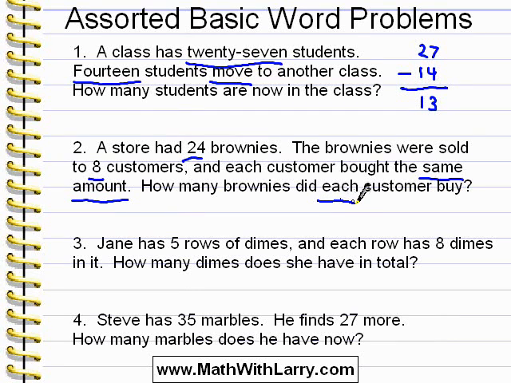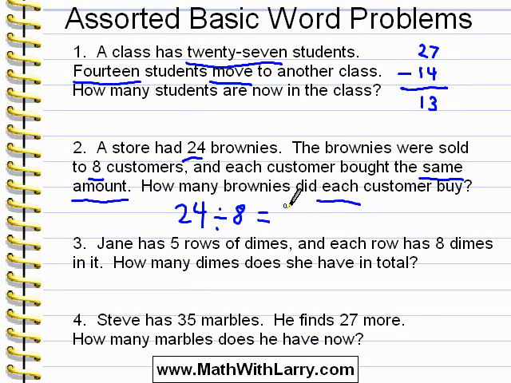Well, from experience, I know that what's involved here is division. We're going to start with 24, and we're dividing up those brownies equally among 8 customers. Now, it's good if you know how to do this just off the top of your head. If not, what you can do is you can think of it in reverse.